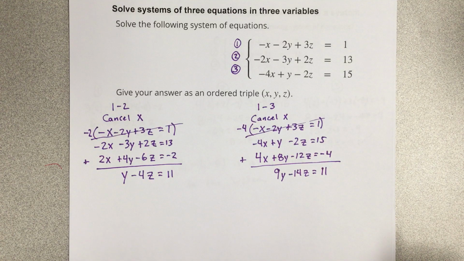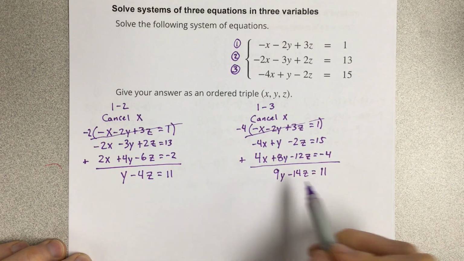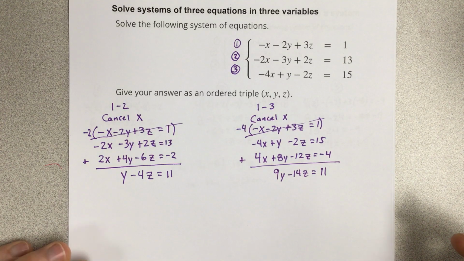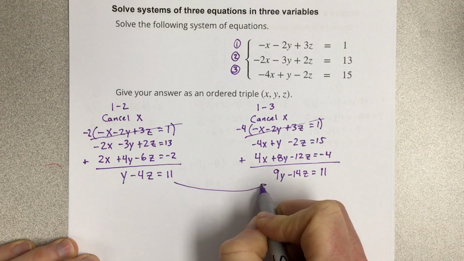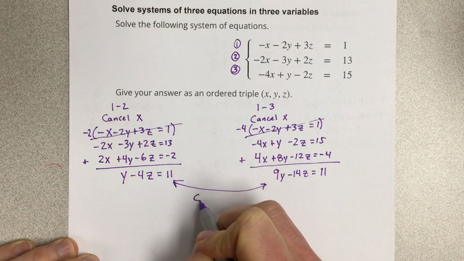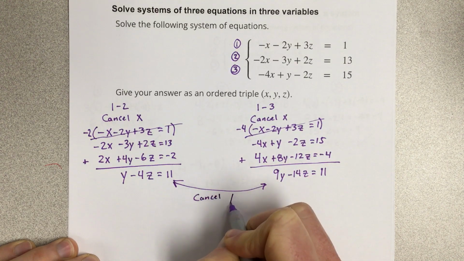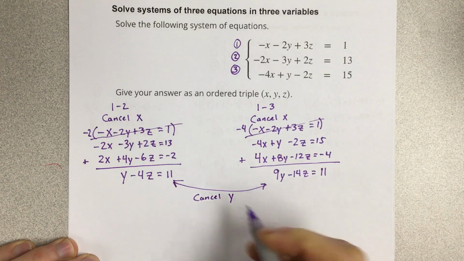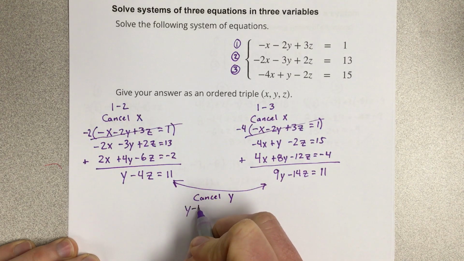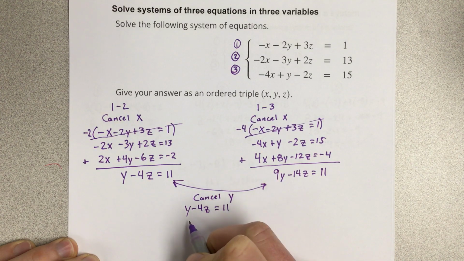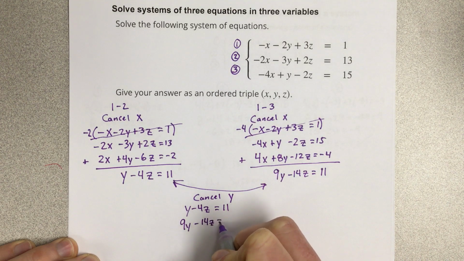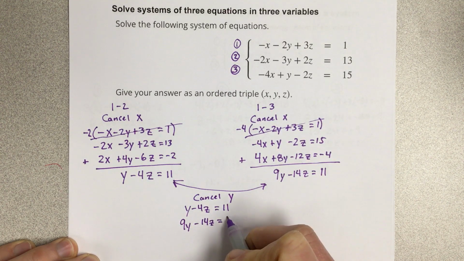Now I'm going to go ahead and take these two equations. I'm going to cancel a variable. I'm going to cancel y this time. So I'm just going to put these two together, and I'm going to say cancel the y value. So that'll be y minus 4z equals 11 over 9y minus 14z equals 11.